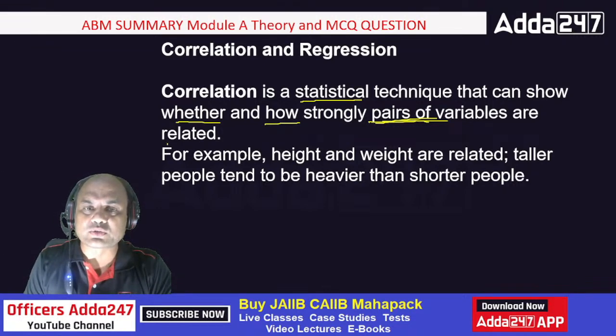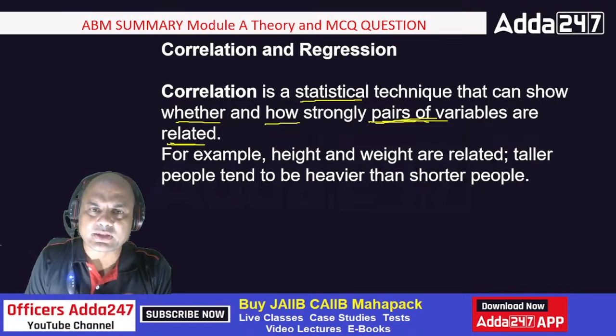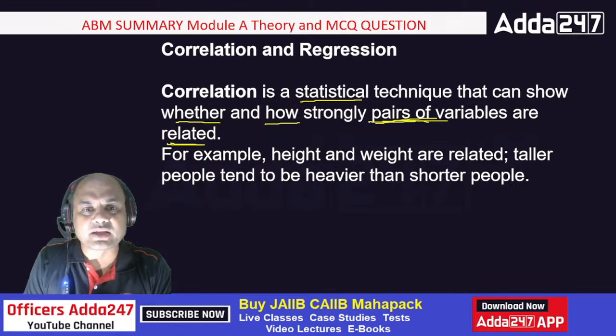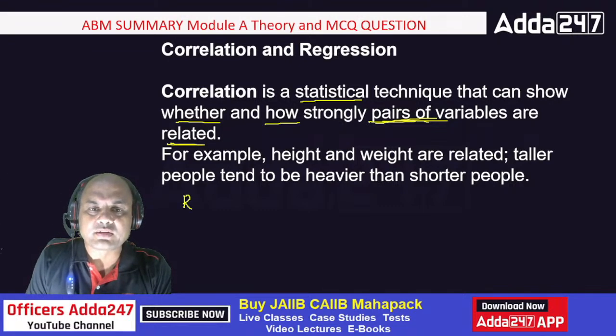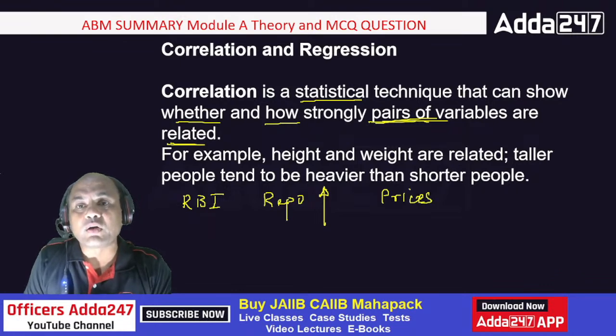Their relation is shown. What do you mean by relation over here? I'll give you a simple example. Let me take the example of rates. RBI increases, let's say the repo rates, interest rates. Okay, repo rates are increased. So what happens to the prices of the bonds?